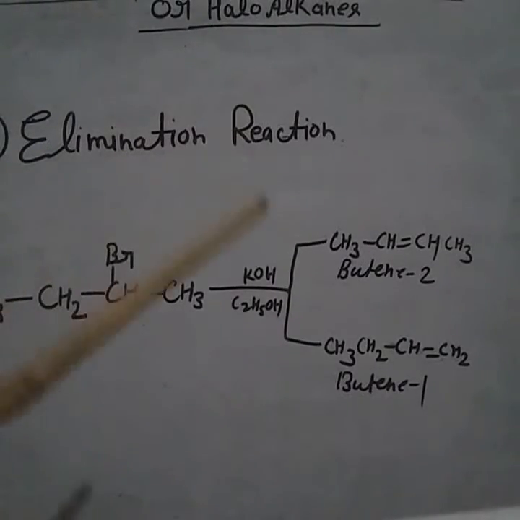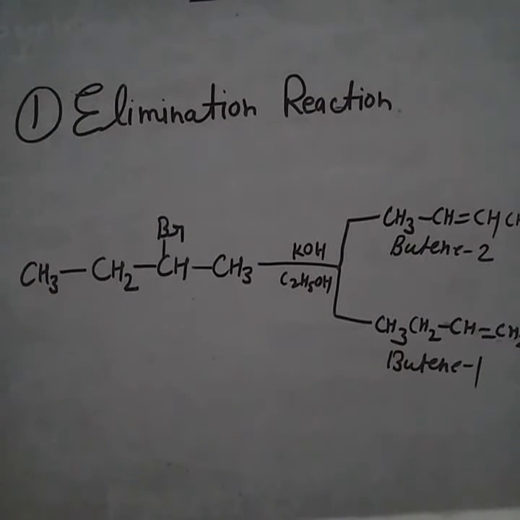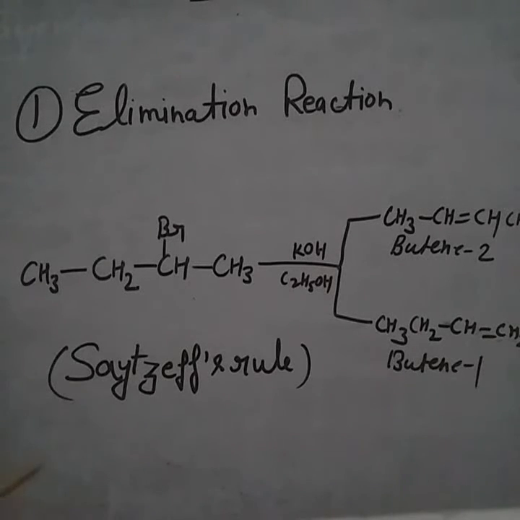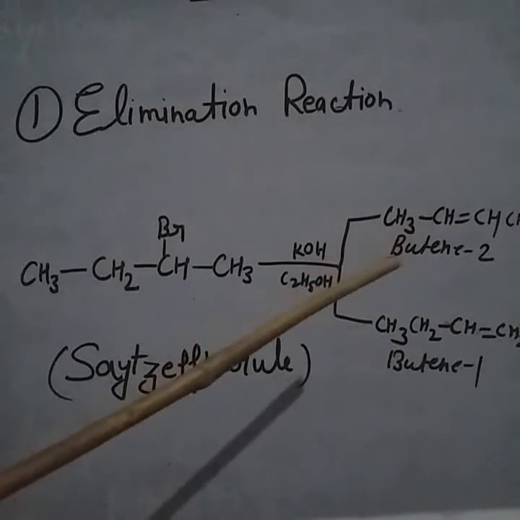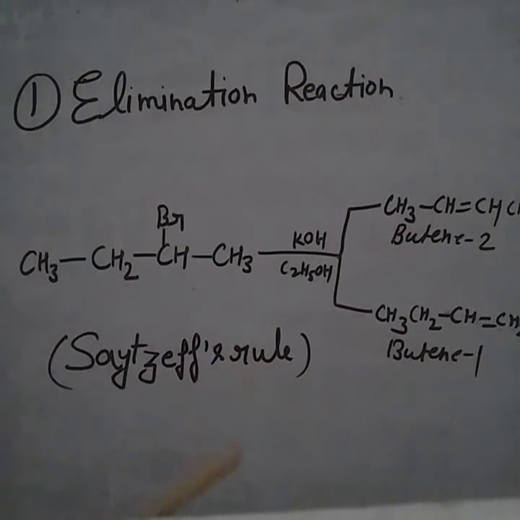If in elimination reactions more than one alkene is possible, the main product is obtained by elimination of hydrogen from the carbon having the least number of hydrogens, or the more substituted alkene is the main product. This is called the Saytzeff rule. When in elimination reactions more than one alkene is formed, then this rule is called the Saytzeff rule.